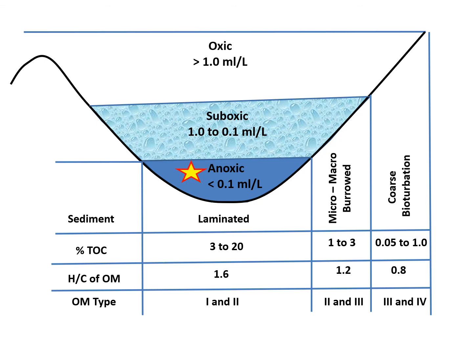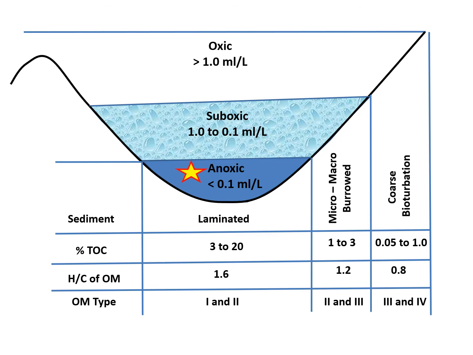Meanwhile, in the suboxic environment, there will be a continual decrease in oxygen towards the basin floor, and as a consequence, there will be an exponential decrease in the species diversity of all the benthic organisms. So in this environment, basically, you will only find micro and macro burrowing organisms that are also poorly calcified.